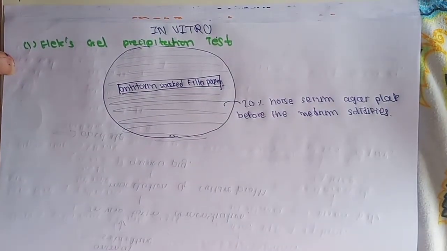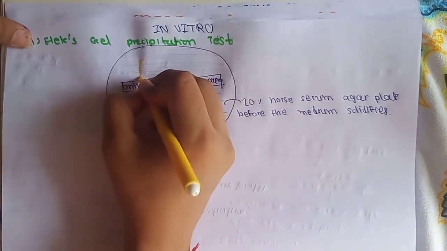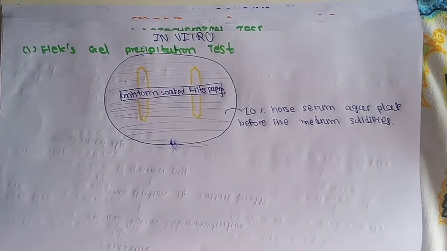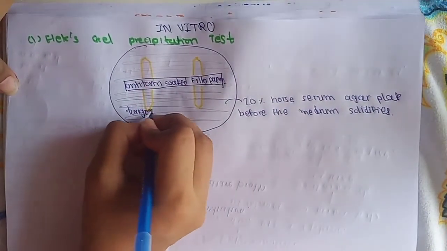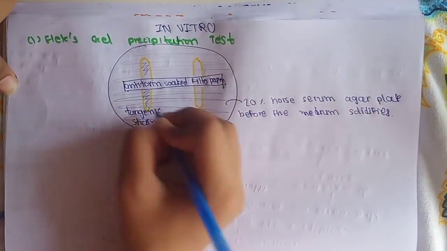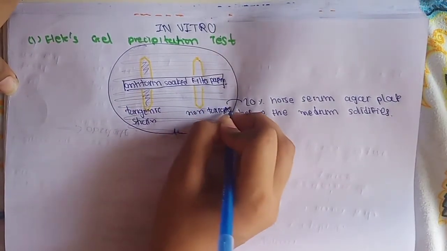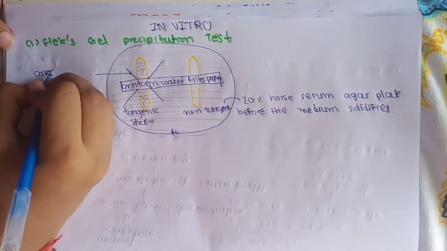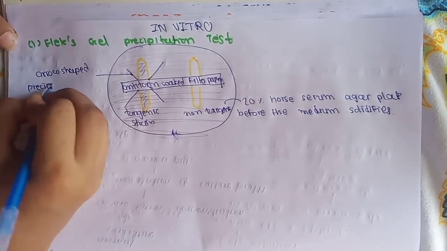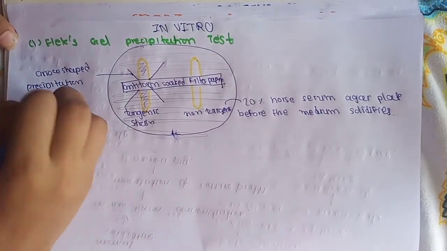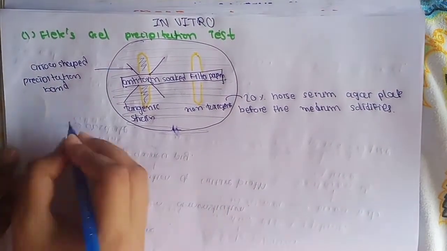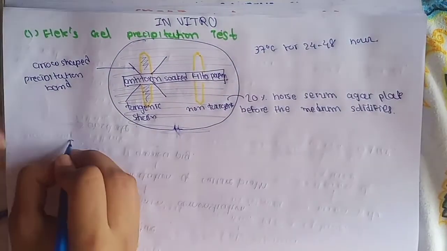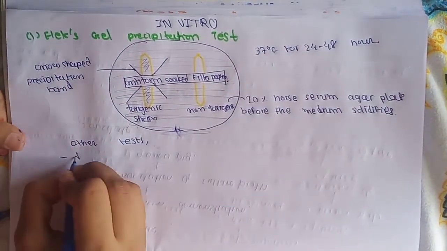When the agar solidifies, the test strain is streaked at right angle to the filter paper strip. The plate is incubated at 37 degrees Celsius for 48 hours, and if the strain is toxigenic, the toxin diffuses in the agar, meets the antitoxin and produces an arrow-shaped precipitation band. A non-toxigenic strain will not produce any precipitation line. Remember, we incubate at 37 degrees Celsius for 48 hours.